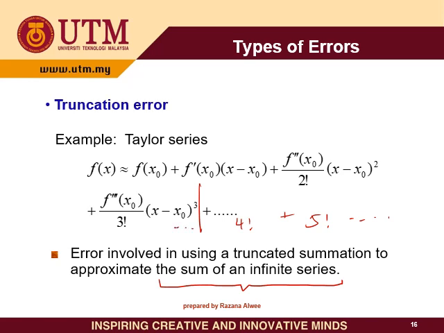So we do not count the rest. But this is the sum of an infinite series, and we need to count until the rest. Therefore, error happens from the remaining expressions that have been ignored. Because we ignored all the rest of the equation here, error can happen, because for this series we need to calculate until infinity. So that's why error can happen, and this is called truncation error.